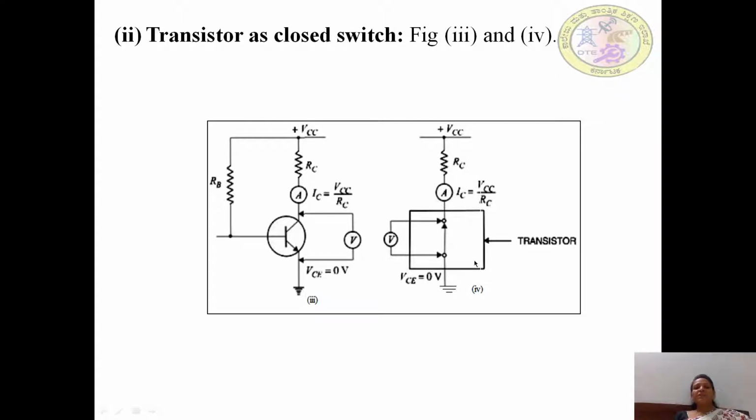So closed switch condition states that IC is equal to maximum given by VCC by RC and VCE is equal to 0 volts. So this is similar to a closed switch. So almost short circuit between the collector and the emitter terminal.